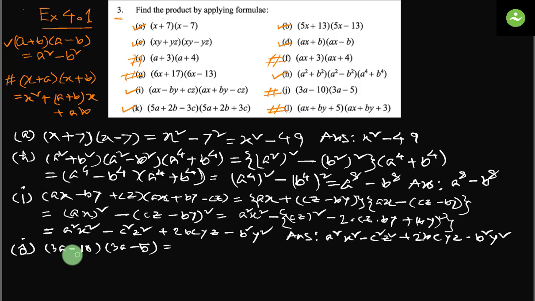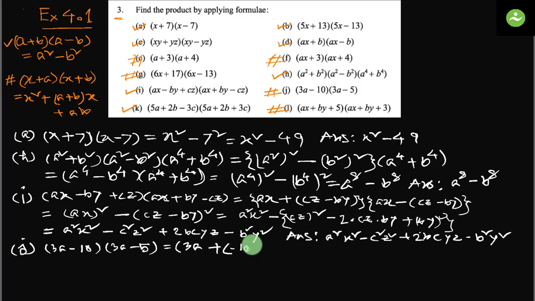What can we do? We place the plus and then we see what we can do. 3a plus, we need this plus because the formula says x plus a, so we make it x plus a. This is 3a and plus, and then put the minus inside the bracket.